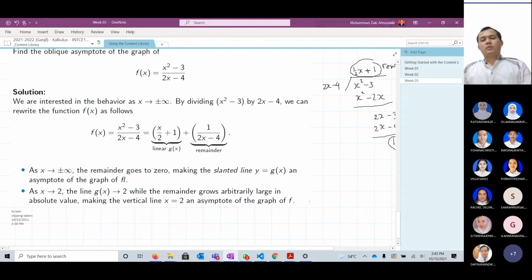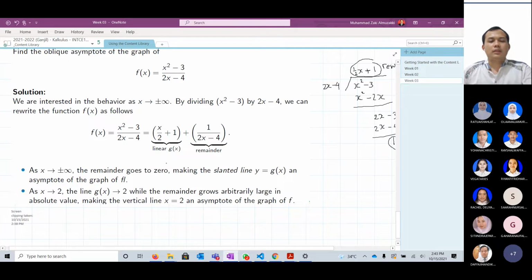Okay. Now, we can try to compute f of x as x goes to positive infinity or negative infinity. Jadi setelah kita pecah menjadi bentuk hasil pembagian dan sisa pembagian, kita cek limitnya saat x menuju positif atau negatif tak hingga.